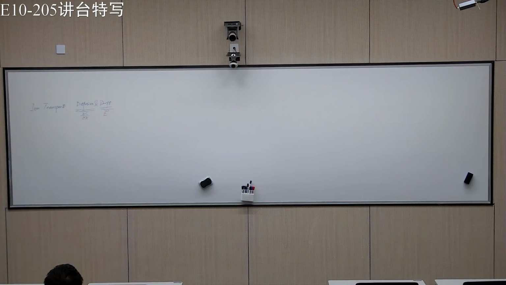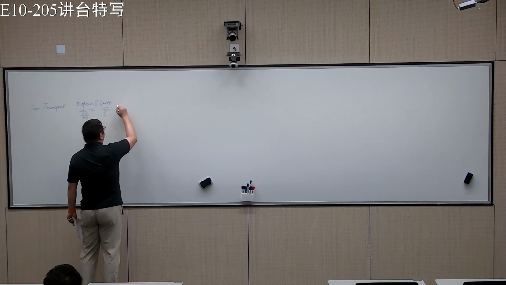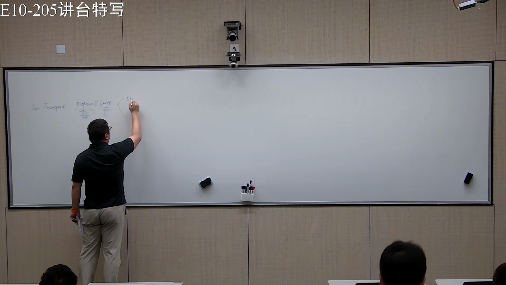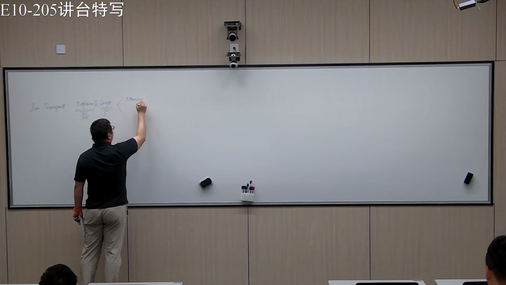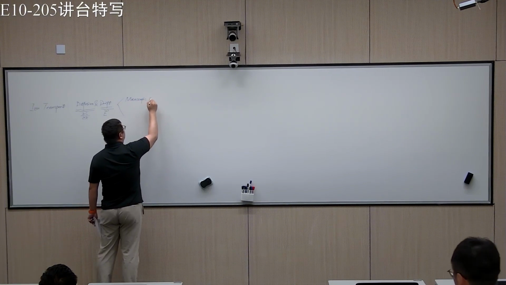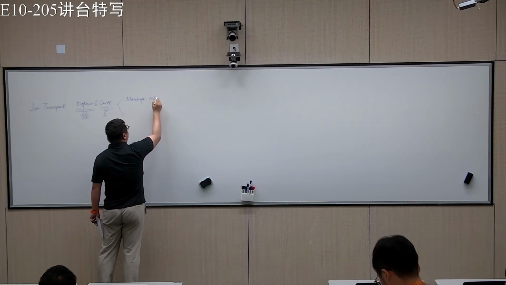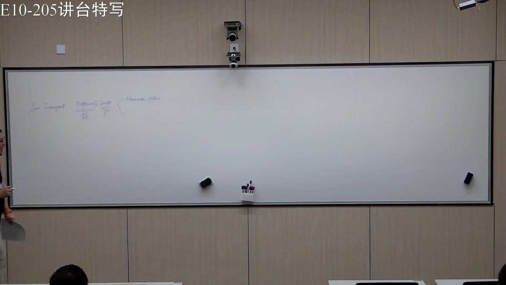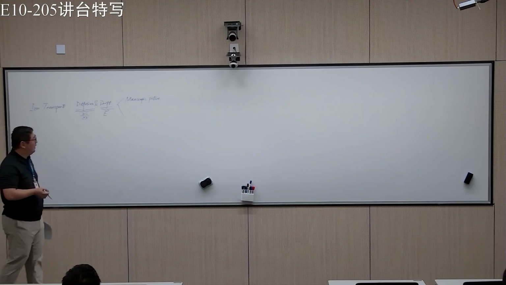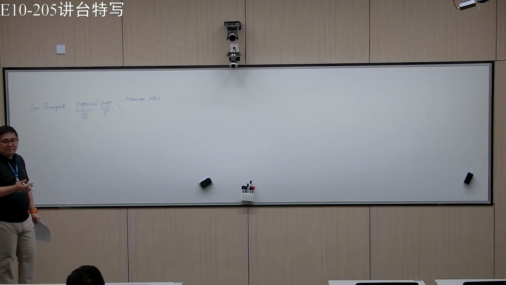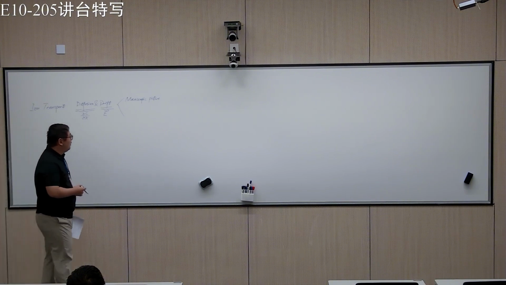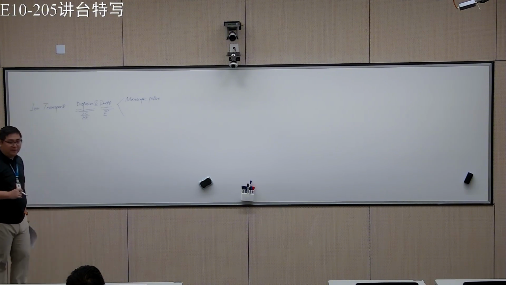We're going to have two lectures on this. In today's lecture, we are going to talk about the so-called macroscopic picture. We are not going into the microscopic details of the ions or the basic mechanism of ion transport, the atomistic picture.